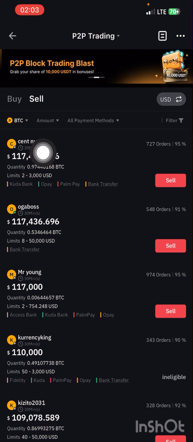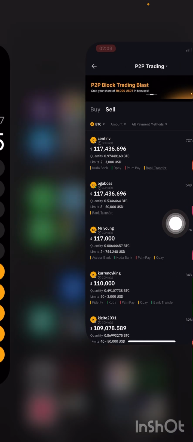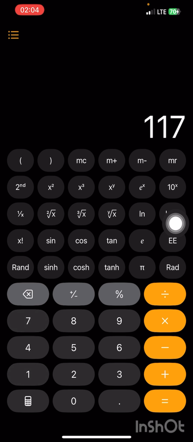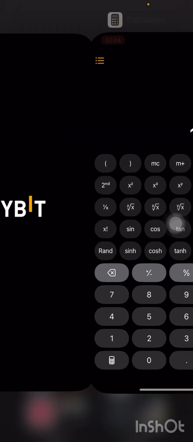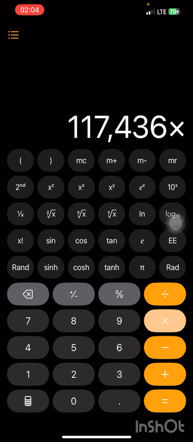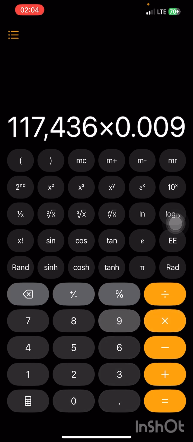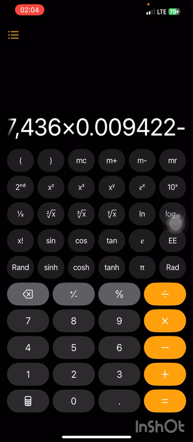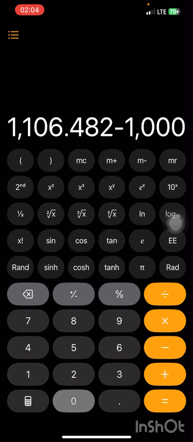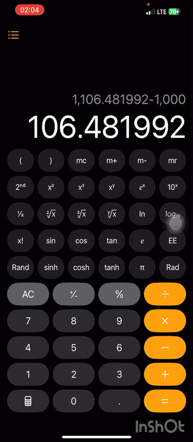So I go to my calculator and put 117,436, and I multiply that by 0.009422. Then I'll make $1,106. Now, taking out your initial capital of $1,000, you'll be left with $106. That $106 has become my profit, and this is what I have made from here.